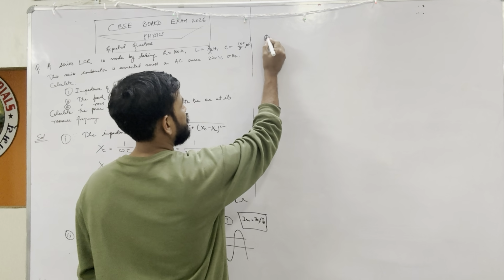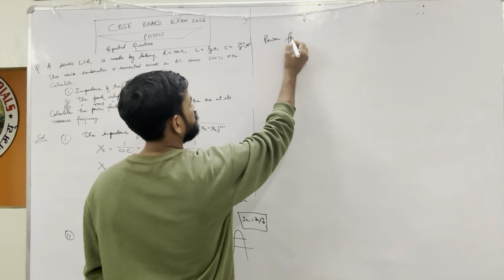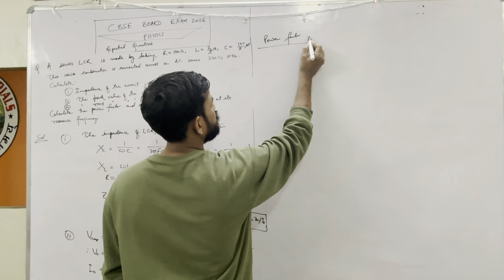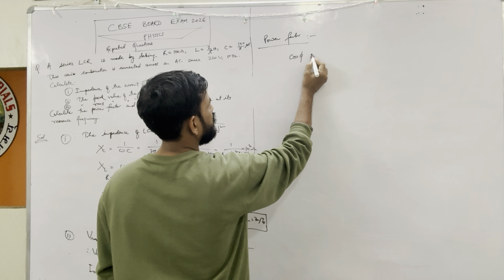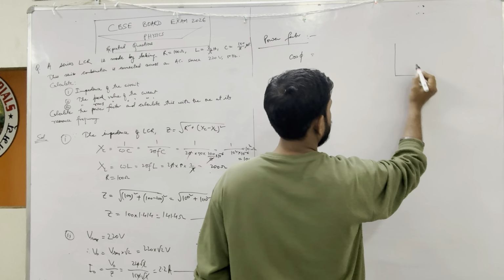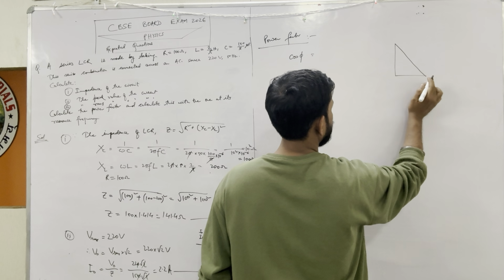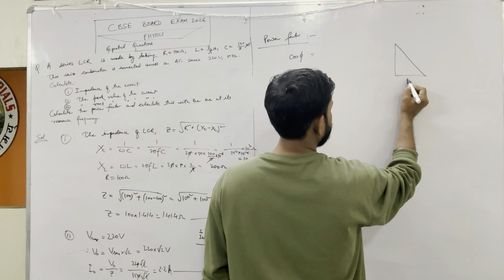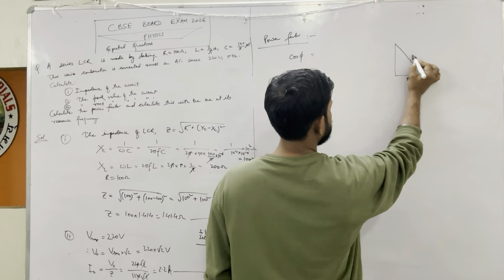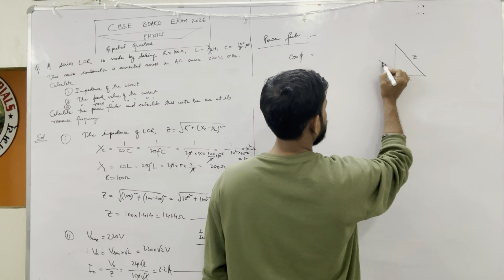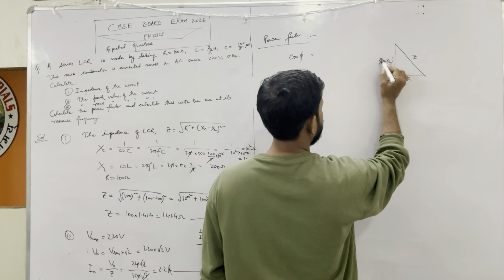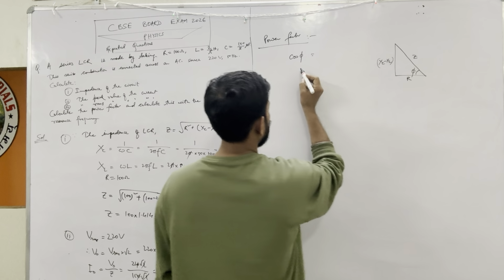So what is power factor? It is cos phi. So recall the impedance diagram. This is R, this is Z, and this is XC minus XL, right? If this is phi, what will be cos phi?